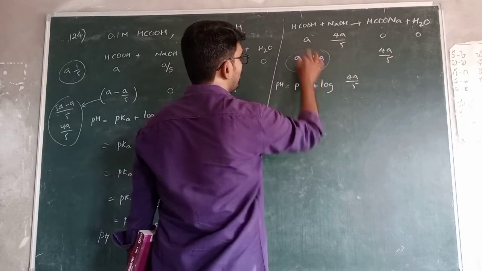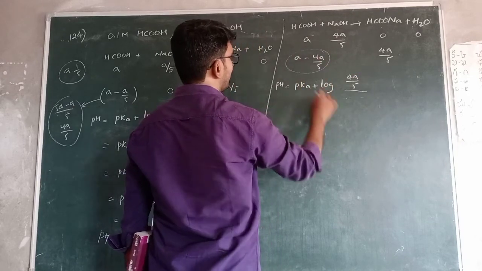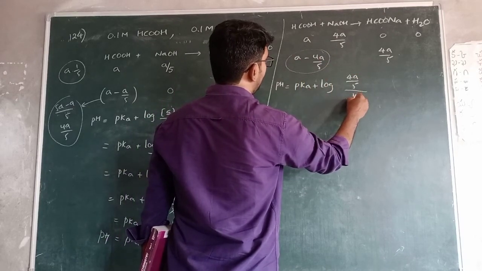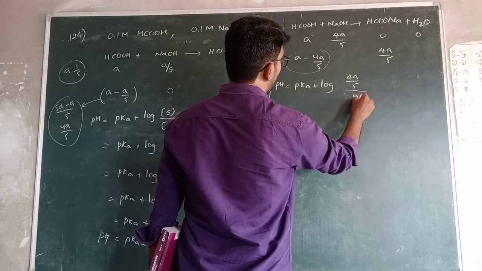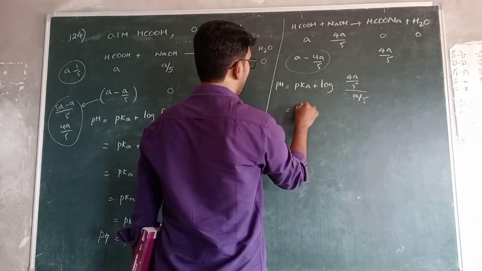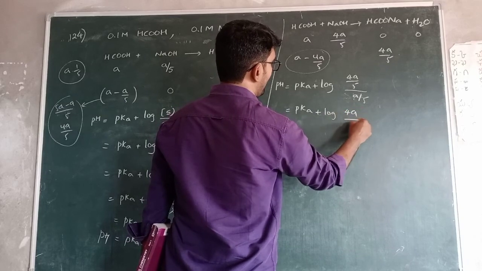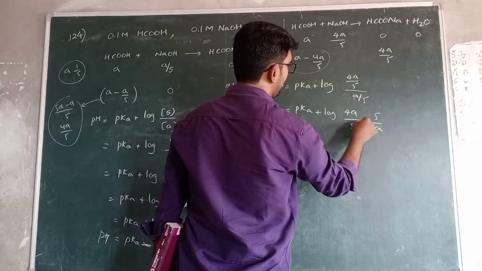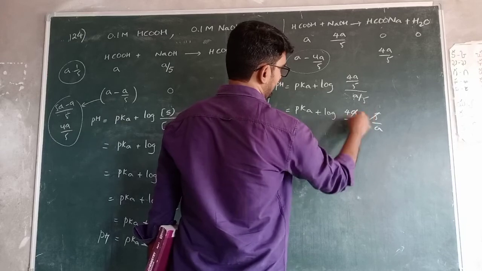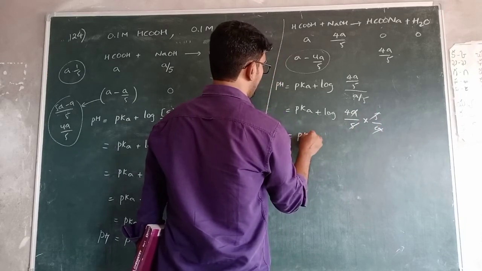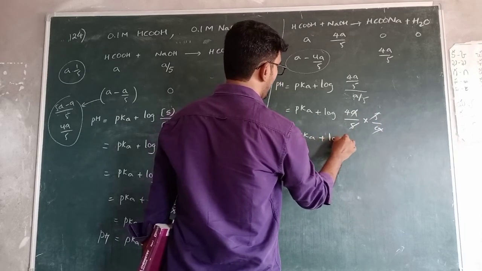What is this value? 5A minus 4A means A by 5. So pKa plus log 4A by 5 into 5 by A. Cancel, cancel. pKa plus log 4.